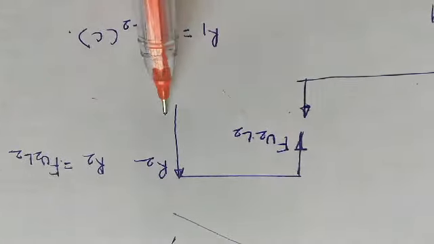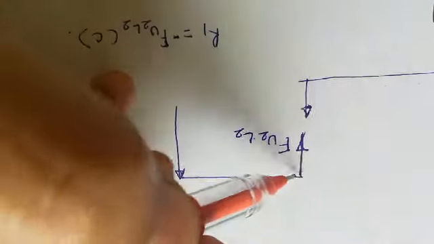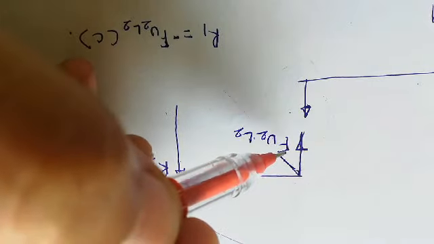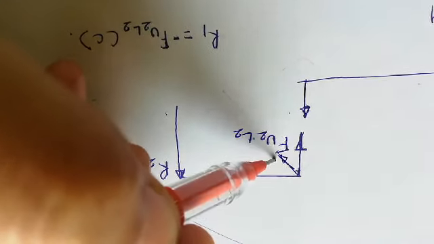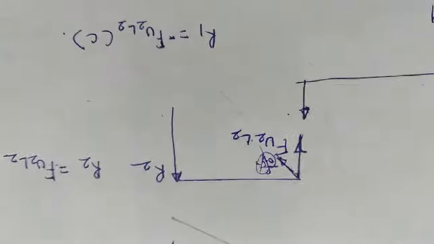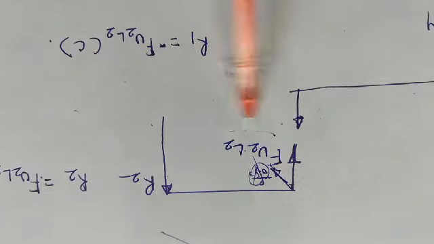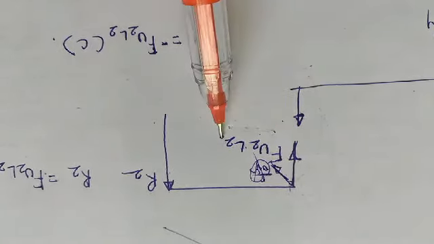We are not interested in other members, only in this. One more inclined member will be there, U2, L3, which takes some of the load from here. That is not under consideration, so we don't use it anywhere. We are just interested in U2, L2.